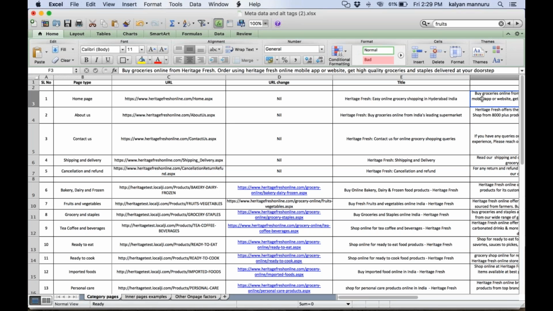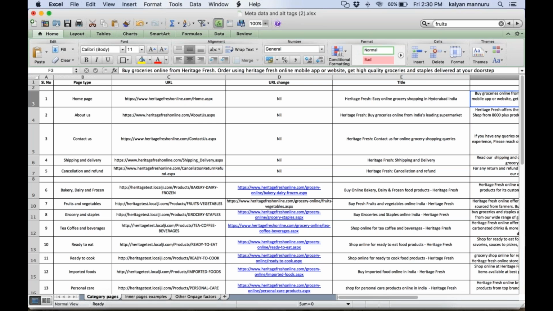You cannot have multiple topics discussed in one page. That's the whole point, which means if I have a buy shoes online page, I cannot have casual shoes, sports shoes, winter shoes, summer shoes. All the subcategories cannot be included onto just one page. It is not recommended. Multiple topics cannot be incorporated into one page. One page should have only one topic.